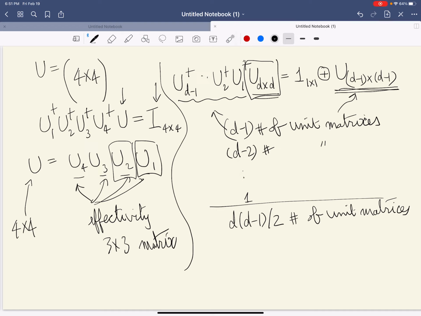Okay. So now this mathematical proof gives us an assurance that as long as you can perform some two qubit operations reliably, then you will be able to perform all the unitary operations reliably.